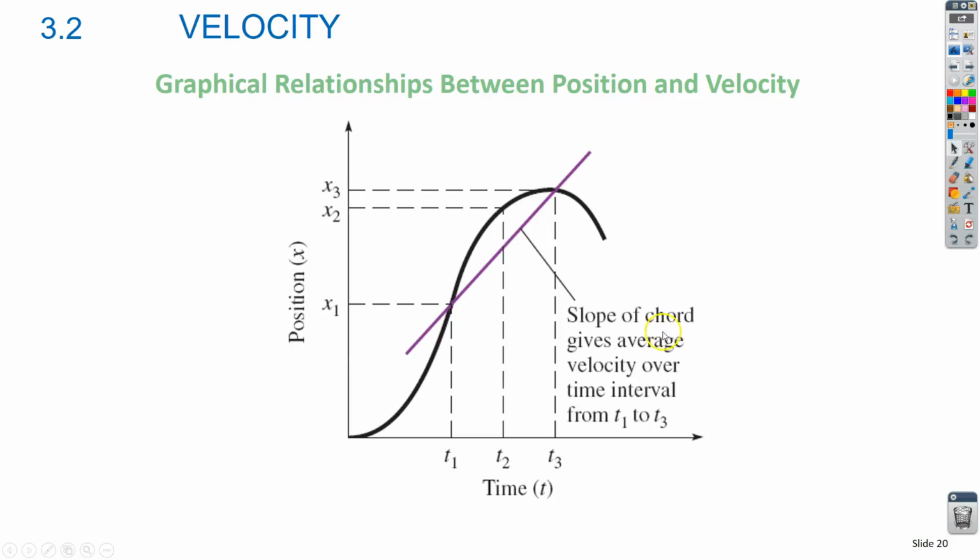For velocity, this is just a graphical representation between position and time. If I do the slope of the chord, that gives me average velocity over a period of time. So I'm looking at the position change from time 1 all the way over to time 3. And if I take those 2 points and I find the average along that line, then that would be my average velocity.